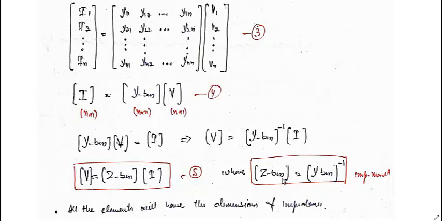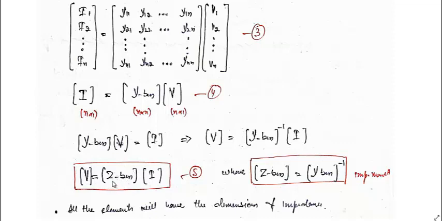This is actually what we started with at the beginning of this topic, that Z bus we can calculate from the inverse of the Y bus. And from here you can see V is equal to something, which we have just named Z bus. It is because when current is multiplied by something and it gives voltage, it means this has to have the dimensions of impedance.